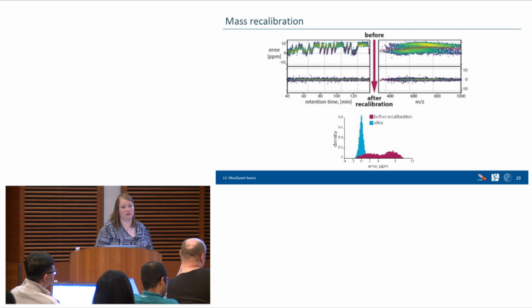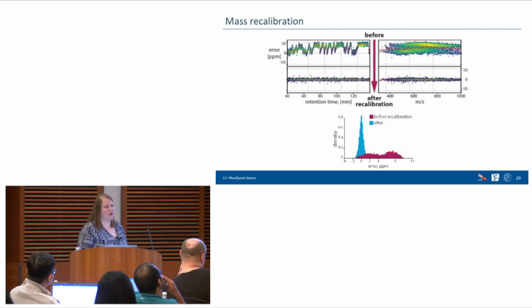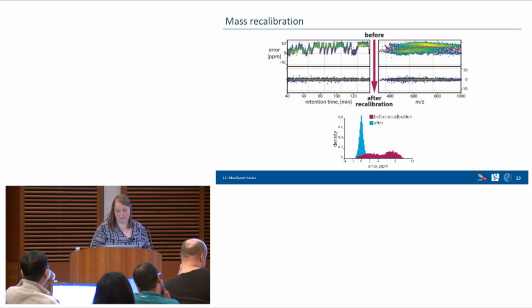all the data points in the raw file, not just the ones that you used in your first search. This helps to get rid of the systematic errors, which you can see here after the correction. You can see that the error is then nicely distributed around 0, and it also has smaller tolerances.